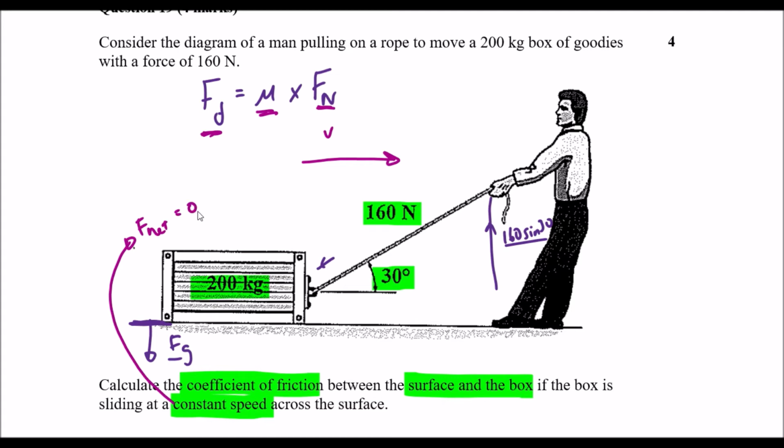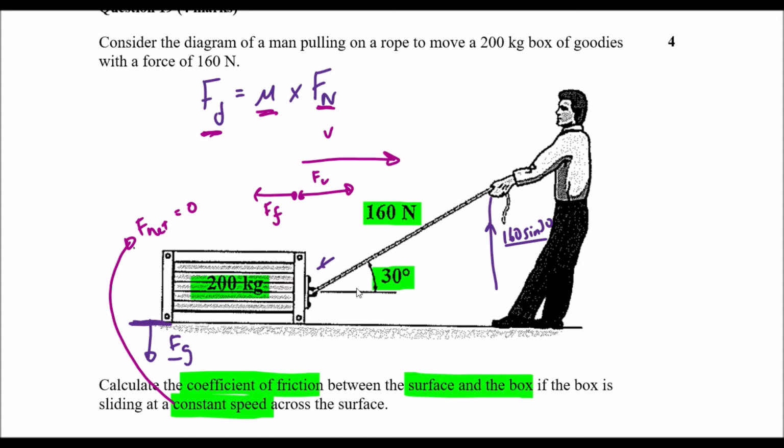Now, how can the net force be 0 if the object is moving towards the right? Well, that means we've applied a force to the right here, the one that's talking about our actual motion. That means the friction must be acting in the opposite direction, but with the same magnitude.